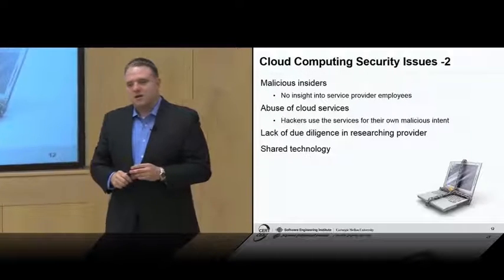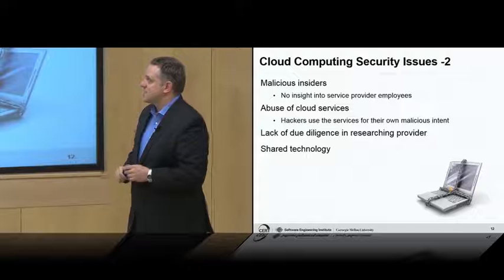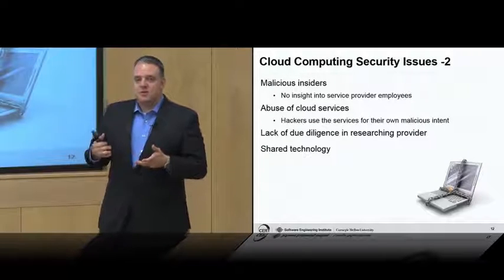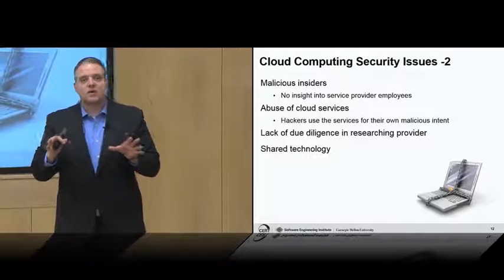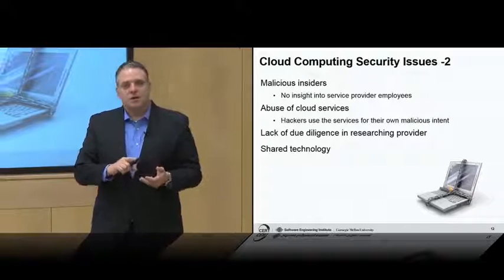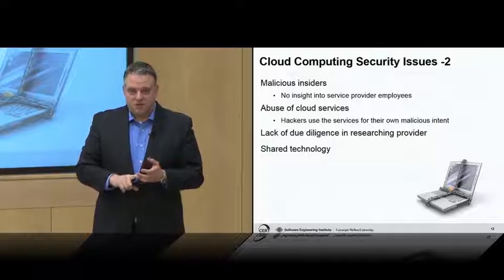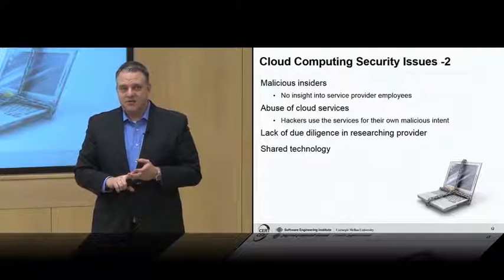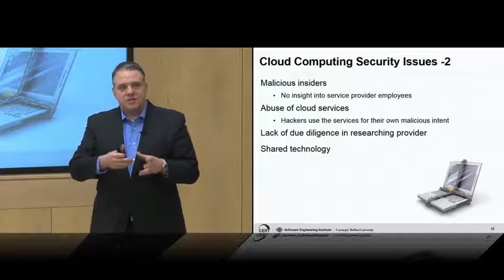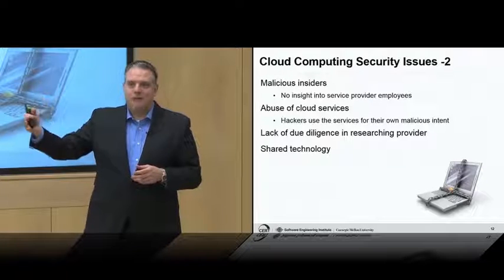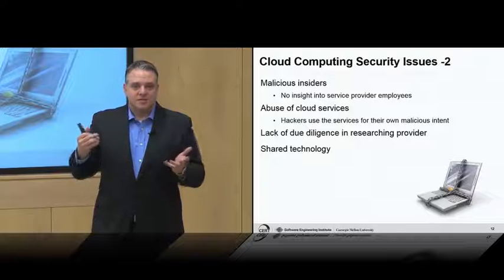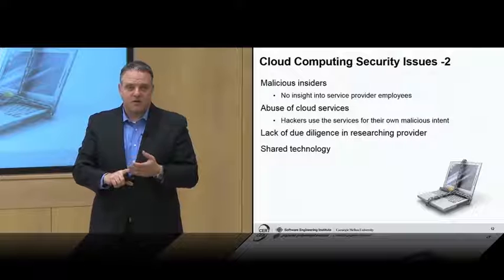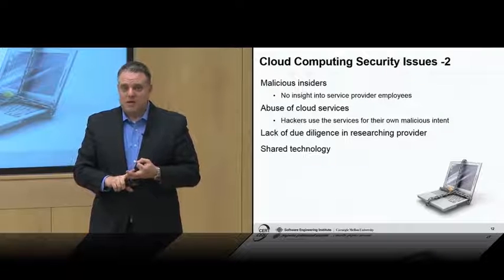And the last ones here, some additional security considerations. Malicious insiders. Keep in mind that with the service provider you choose, you have no insight into who the employees are, who has access to your physical servers within this cloud construct, who actually has access to your data. And so there's a potential for that company to have malicious insiders who decide to just go rogue one day and either delete your data, modify your data, or decide to post your data online.